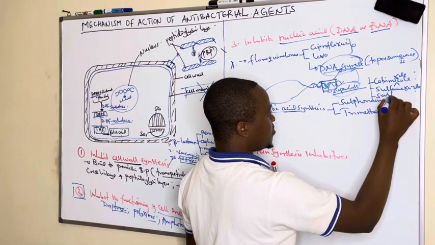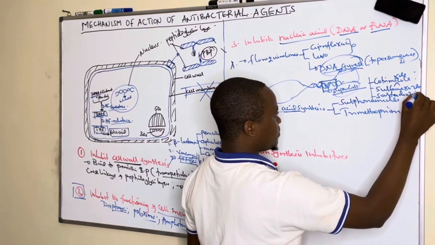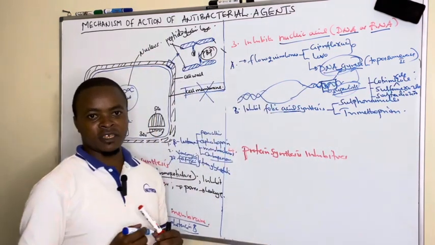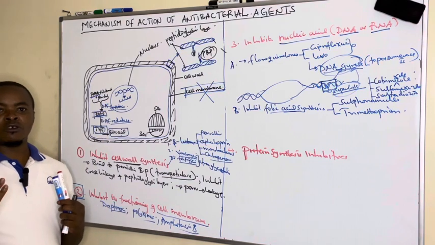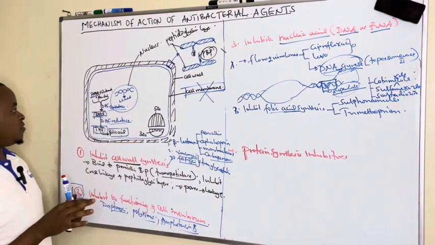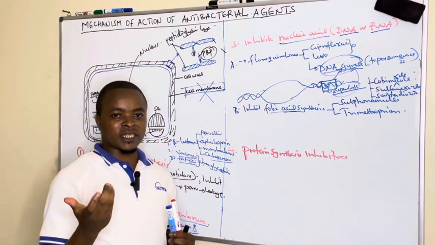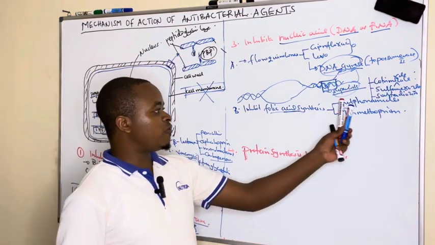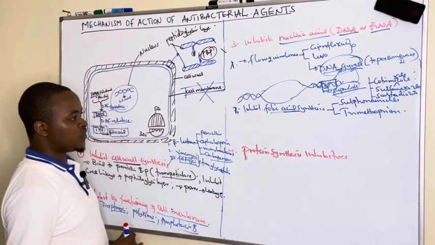Sometimes they are given in combination to prevent the bypass. Under antimicrobial resistance development, we shall see that some bacteria develop a bypass mechanism. So combining sulfonamide and trimethoprim prevents that bypass mechanism.